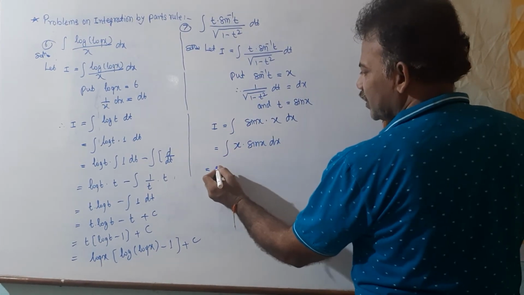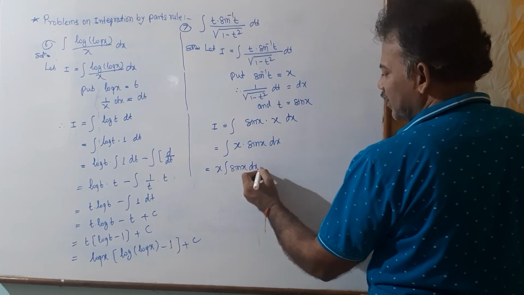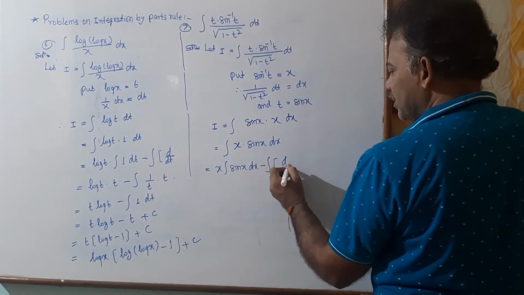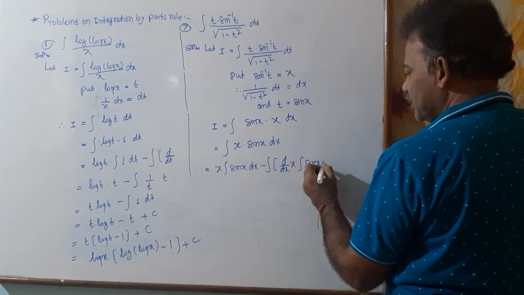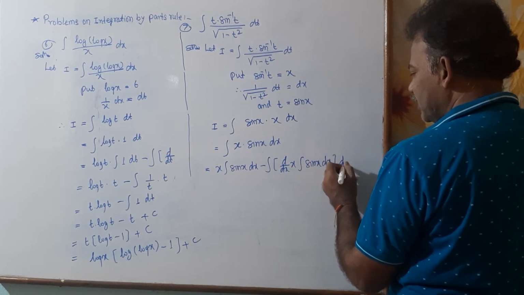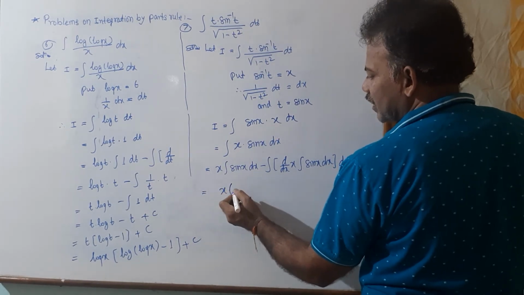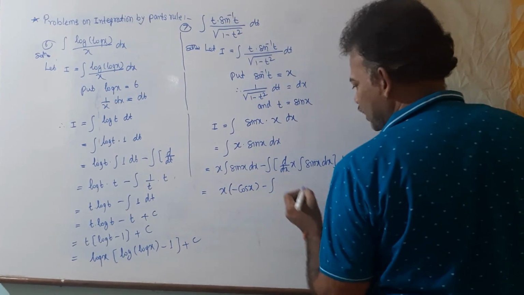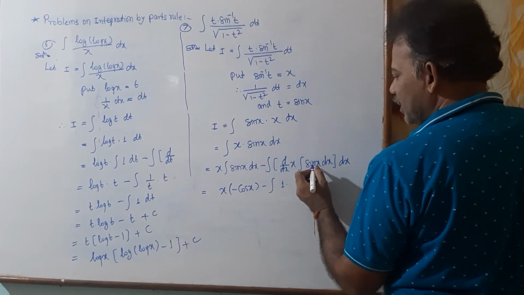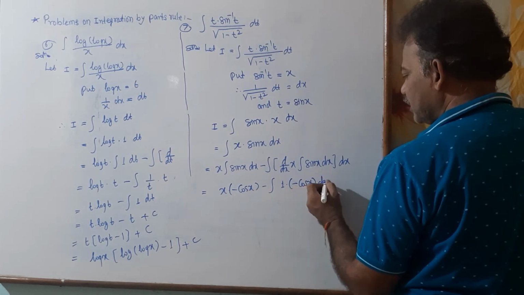Apply the formula: first function same, integration of the second function, minus the integral of the derivative of the first function times the integral of sin x dx, outside the bracket dx. So it is equal to x, the integral of sin x, standard formula, minus cos x, minus the integral of the derivative of x, which is 1, times the integral of sin x, minus cos x, and dx.